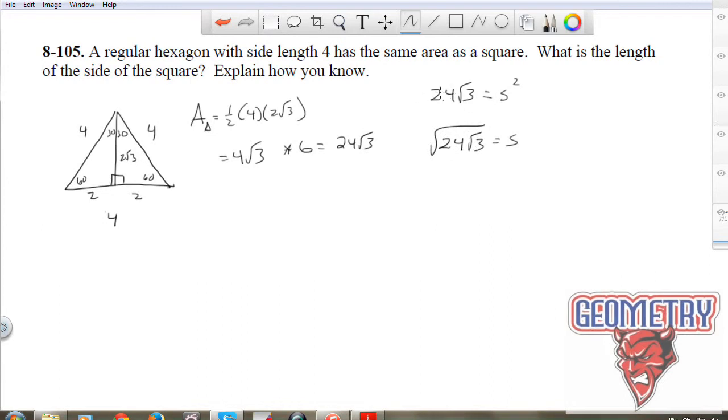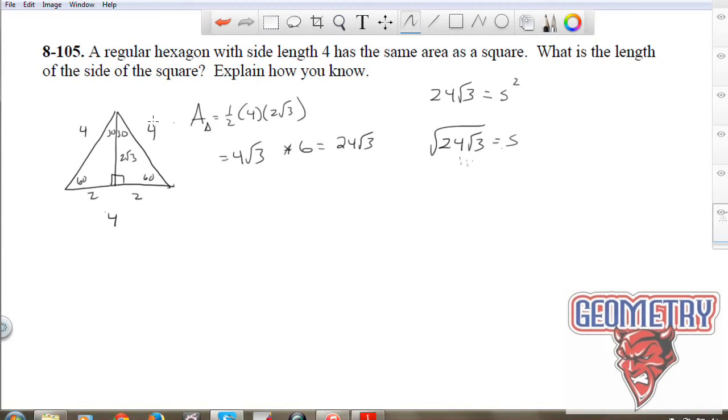So whatever 24 root 3 is, plug it in your calculator and take the square root of that to get the side. I don't have the calculator in front of me, so I can't figure out what that is. I wouldn't expect you to leave it like this or try to simplify it using radicals.